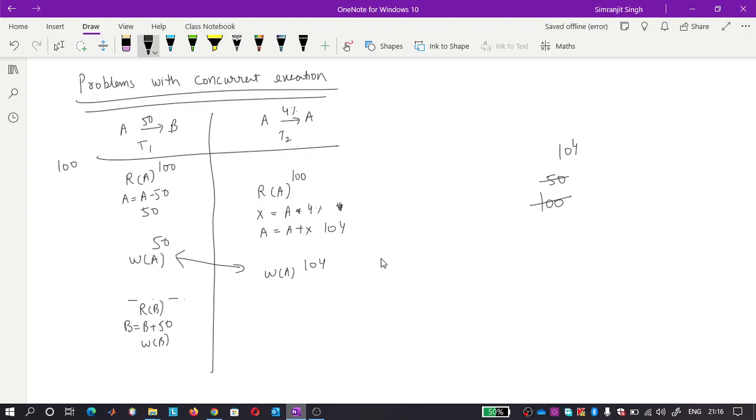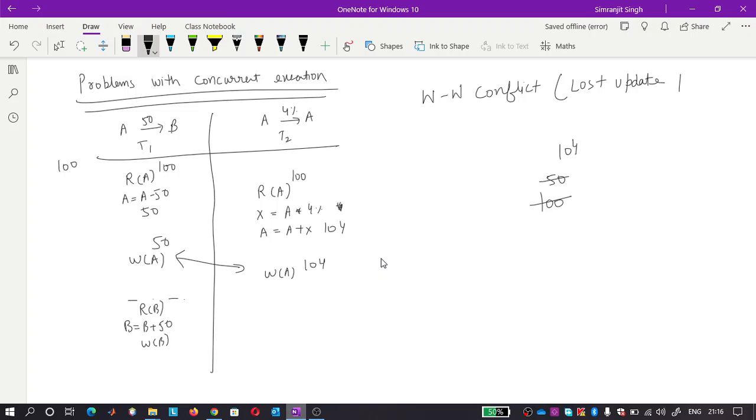Because when you write in one transaction, another transaction is writing in the next step. If this happens, it is referred to as a write-write conflict or lost update problem.